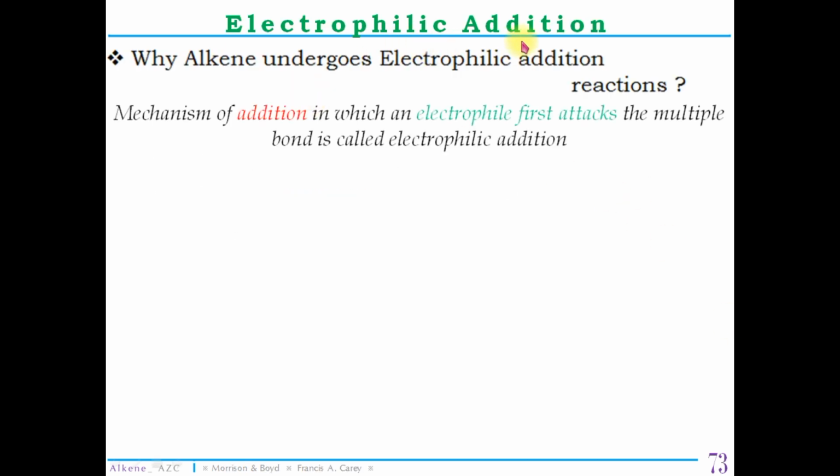Electrophilic addition reaction. Why does alkene undergo electrophilic addition reaction? For this, we have to know the definition of electrophilic addition. Any mechanism of addition in which an electrophile first attacks the multiple bond is called electrophilic addition.